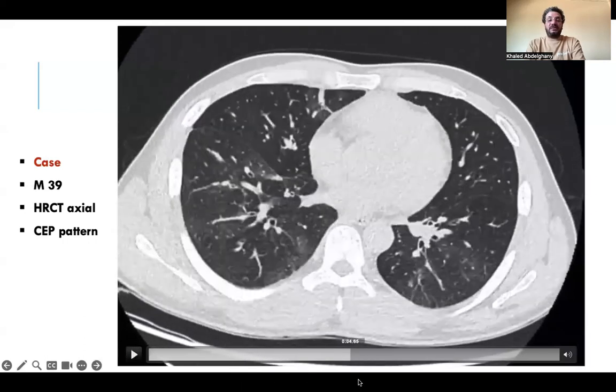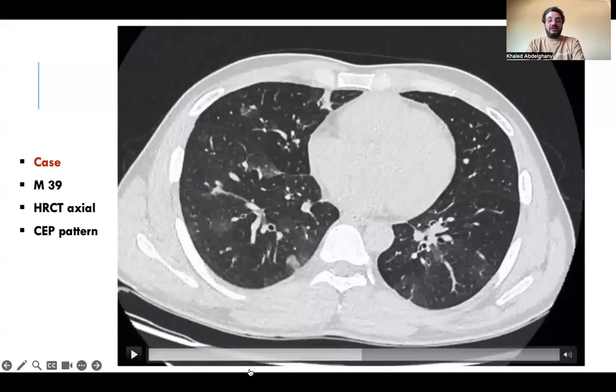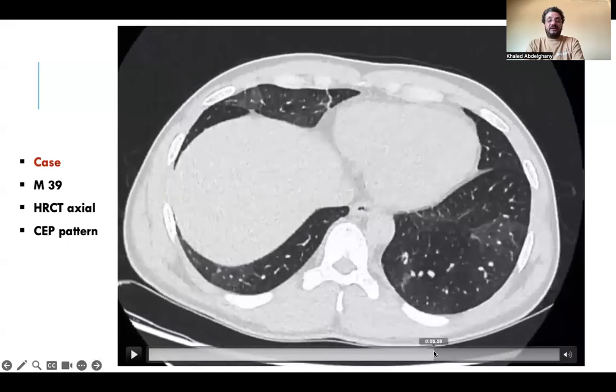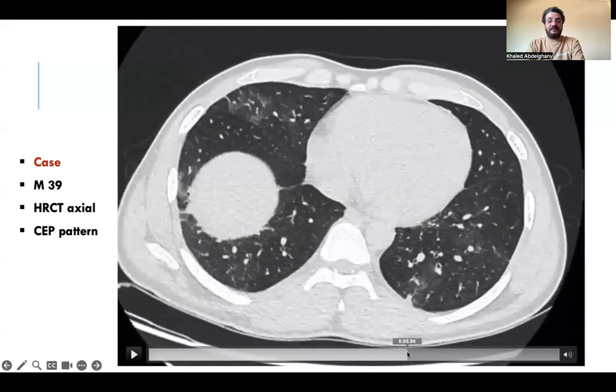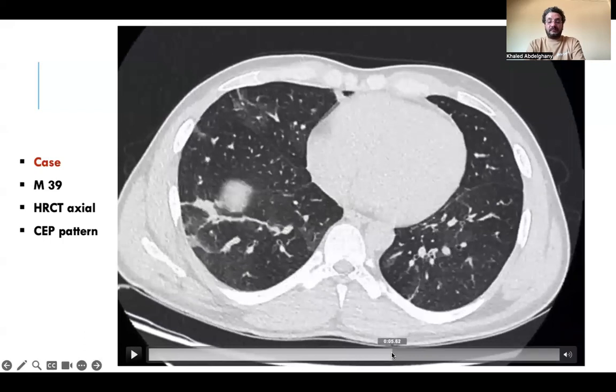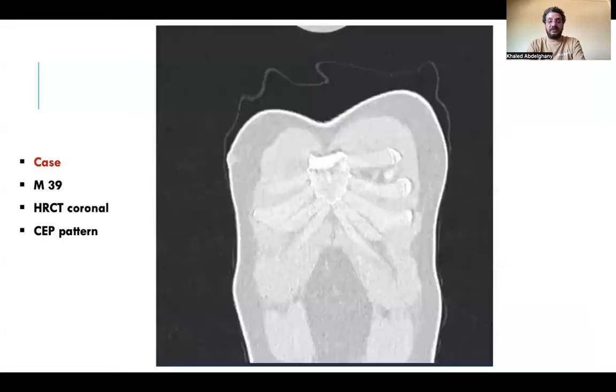An additional characteristic feature is the presence of atelectatic bands of consolidation, as you can see here. The orientation of this is parallel to the diaphragmatic pleura. Let's see it on coronal reformat.